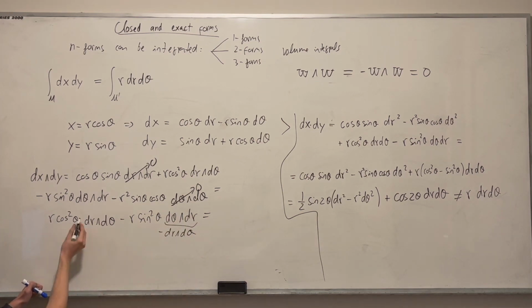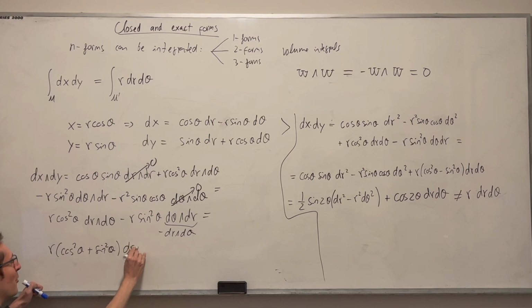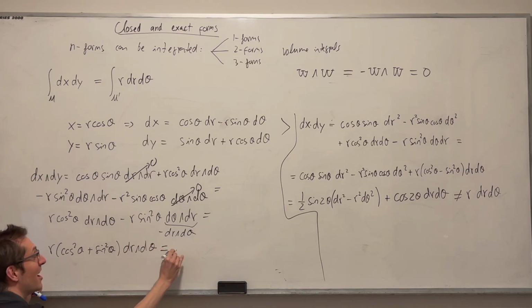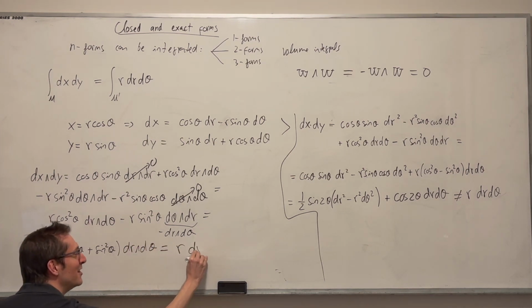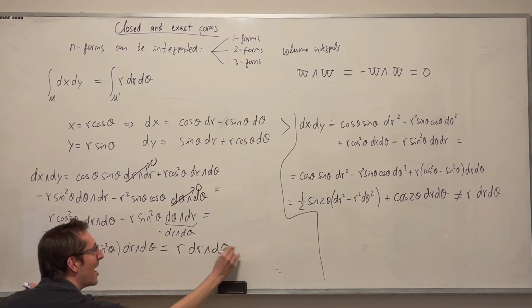So I can write this common factor, r, that multiplies cosine square theta plus sine square theta, then dr wedge d theta. Oh my goodness! r dr wedge d theta.